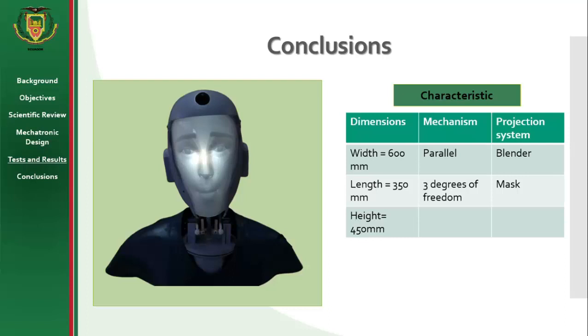One of the most important systems is the gesture projection system, which was developed in Blender and gives the robot a more fluid interaction with people, as well as a question and answer system that was implemented through Dialogflow using Google Assistant libraries.